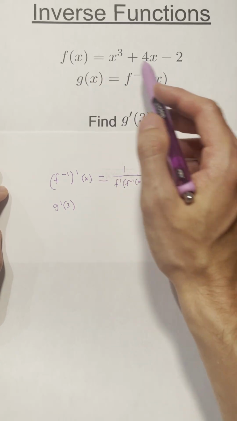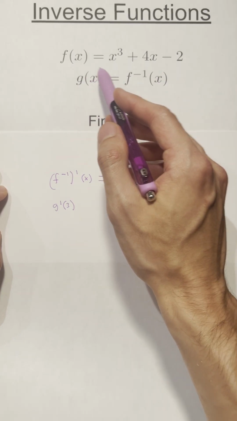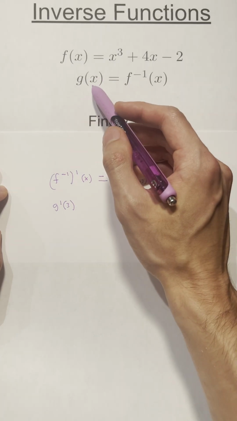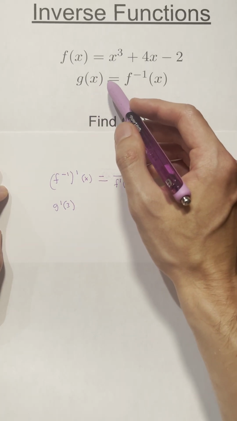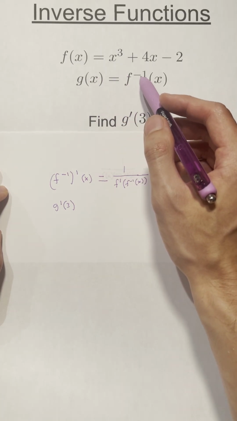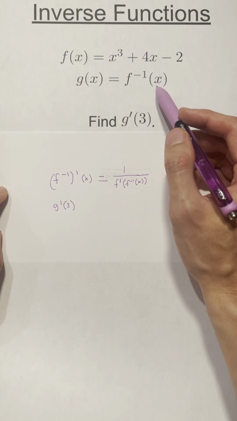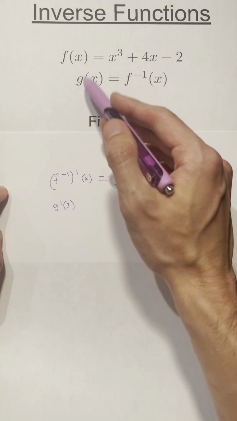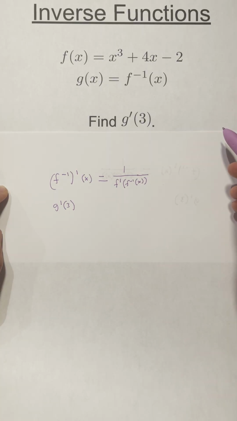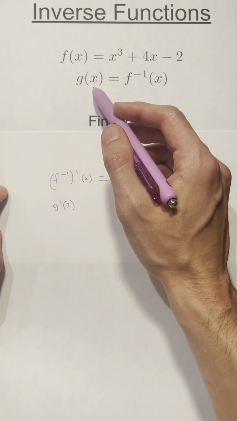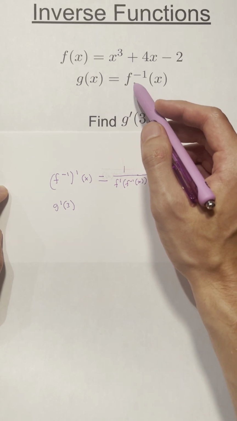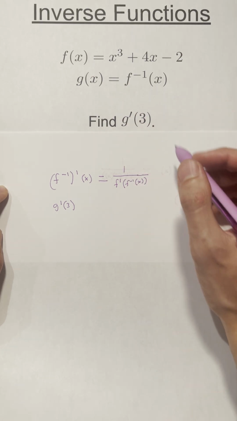Well, this is the only equation that has g, so let's take a closer look at this one. G of x equals f inverse of x. How would I come up with g prime from this equation? G prime of x would be equal to f inverse prime of x.